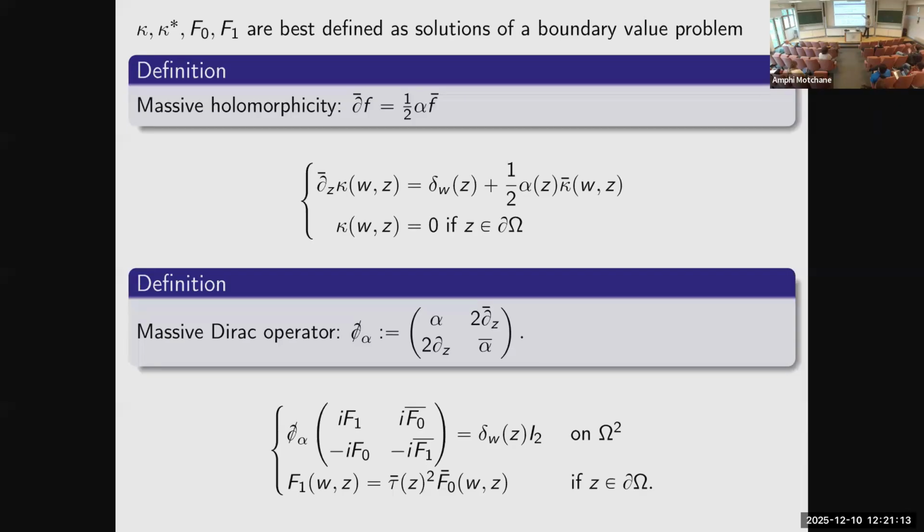And f0 and f1 satisfy this thing. Up to the I vectors here, this matrix is just the inverse of the massive Dirac operator, with some strange boundary conditions coming from the Temperley boundary conditions.